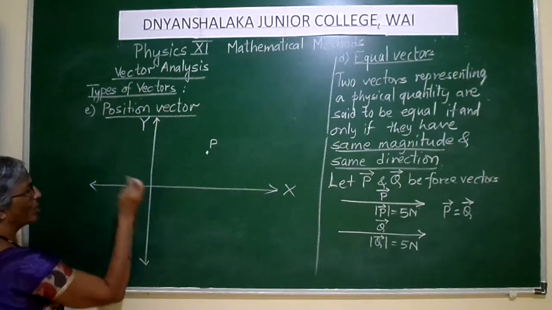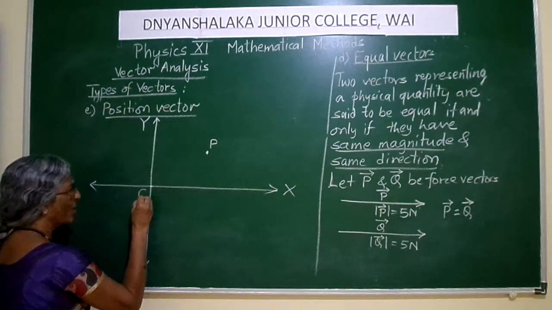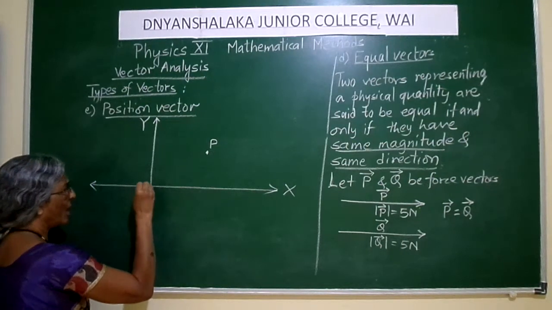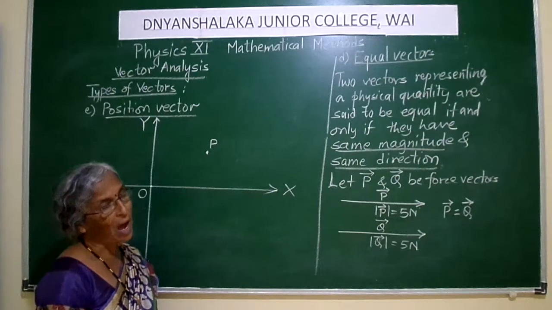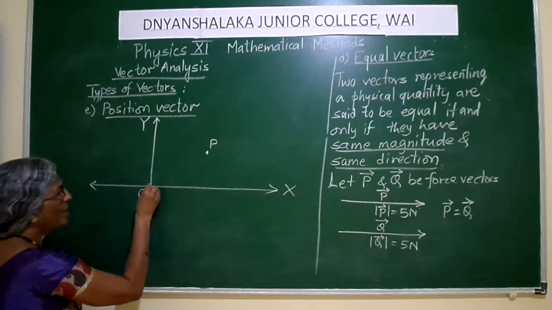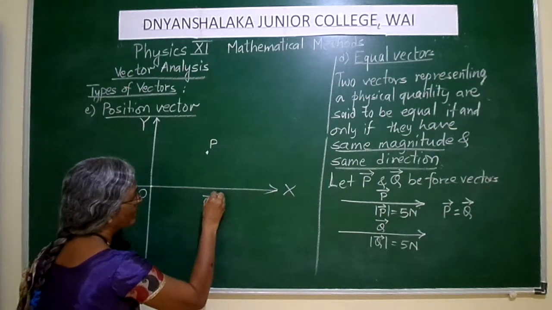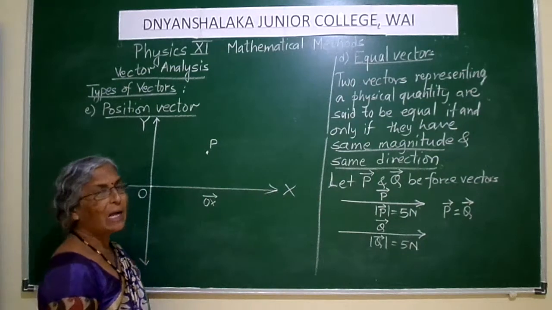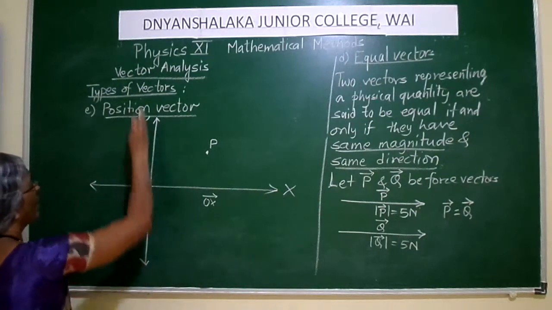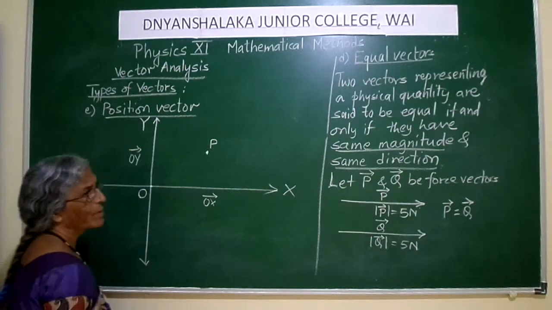And you all know that the point of intersection of this is the origin O. So here I am having the origin O. Now, this is vector OX in this direction, and perpendicular to it, let me take this as vector OY in this direction.